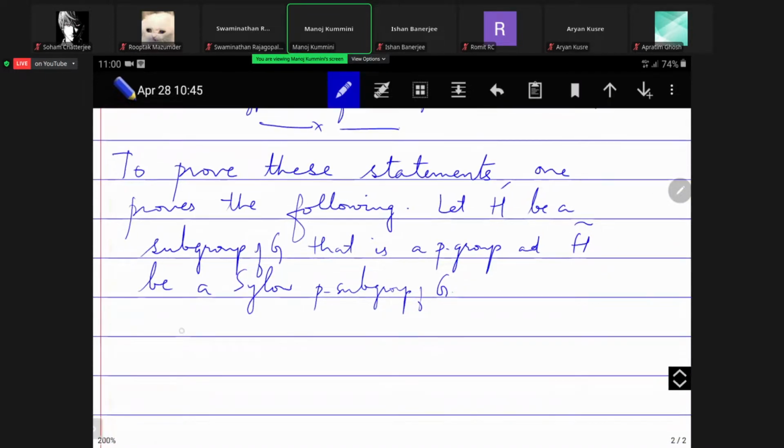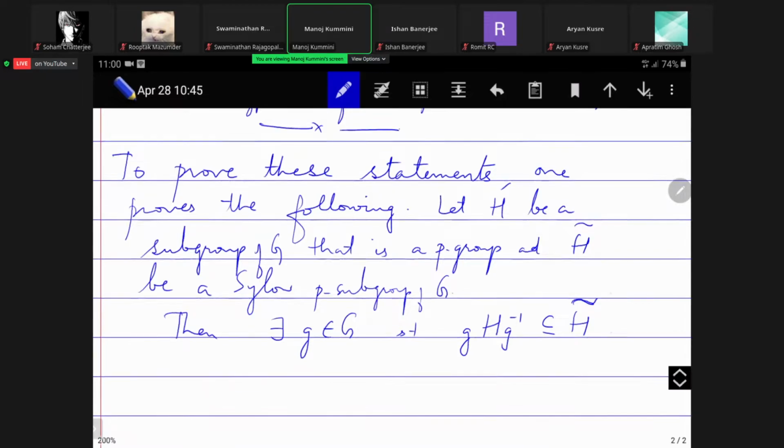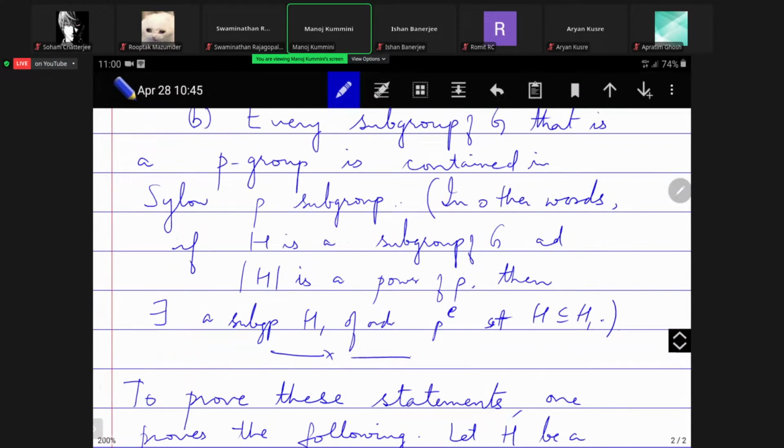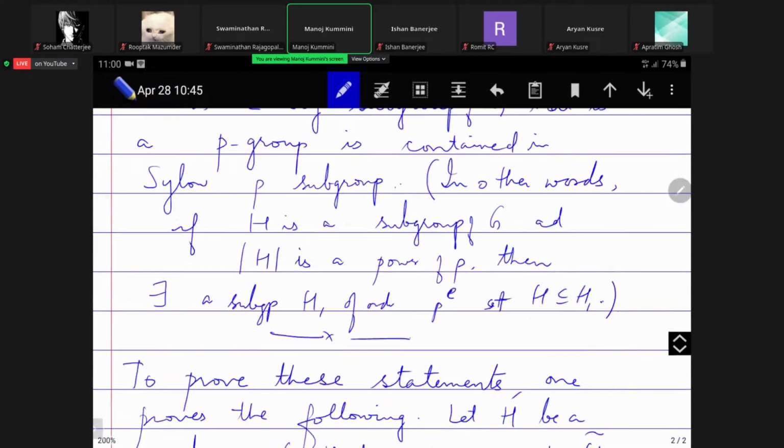Then there exists a g in G such that g H g inverse is a subgroup of H tilde. Again, this isn't simplifying the statements, but this is a statement which will imply both A and B.